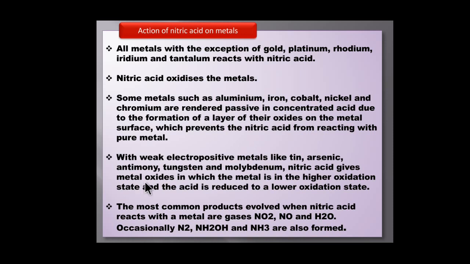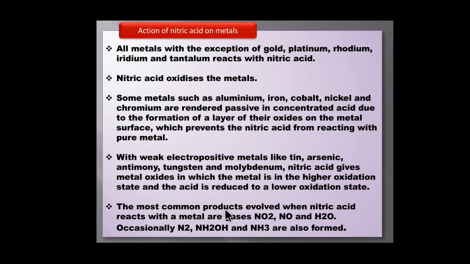Underline, gives metal oxides in which the metal is in the higher oxidation state and the acid is reduced to a lower oxidation state. Is it clear? Reduced to lower oxidation state.